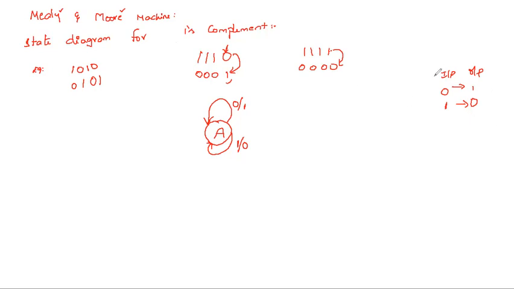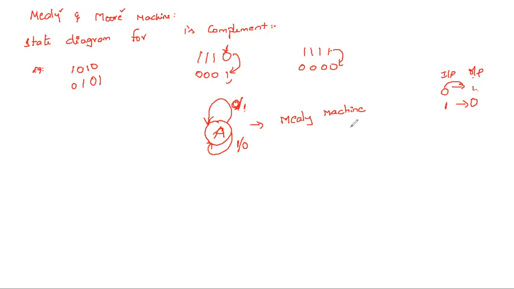The output we are getting, 1 or 0, depends on the input as well as the state. So this state diagram is a Mealy machine, because the output depends on input as well as state.